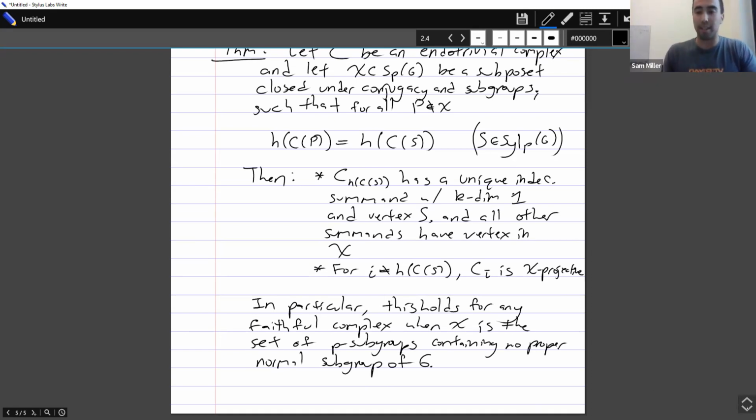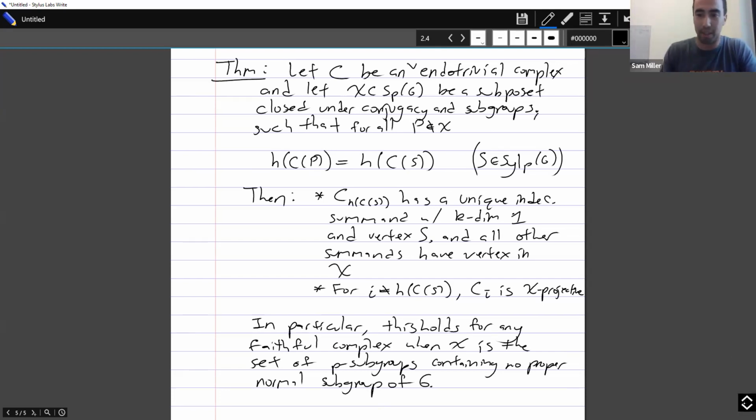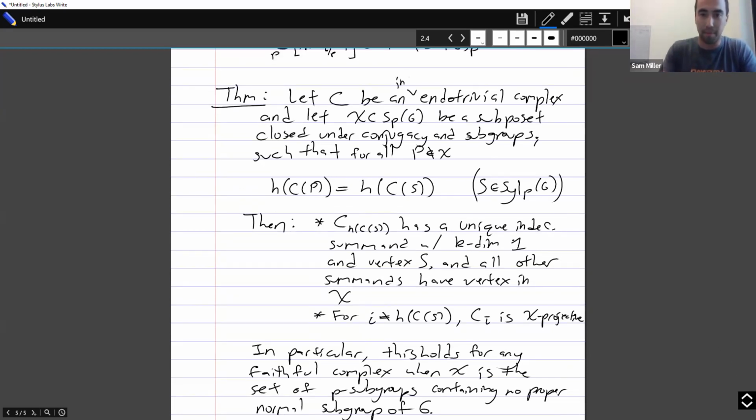And so what this tells us then is that all of the vertices that occur in all of the indecomposable modules in our endotrivial complex are sufficiently small, like close to projective, if not projective, with the exception of exactly one vertex. Oh, sorry, there's one thing that I forgot to mention. This should be assumed to be indecomposable.